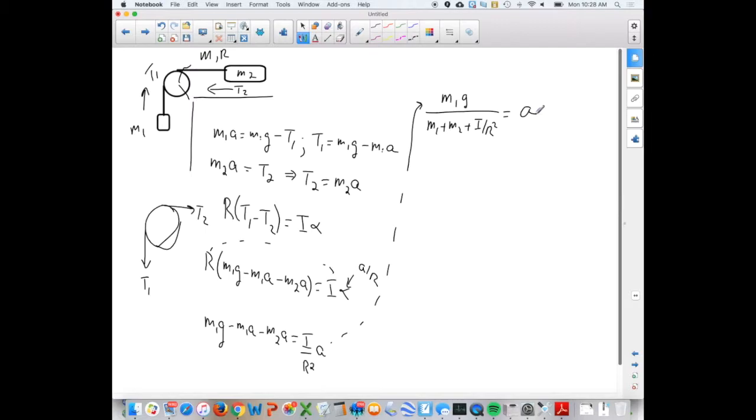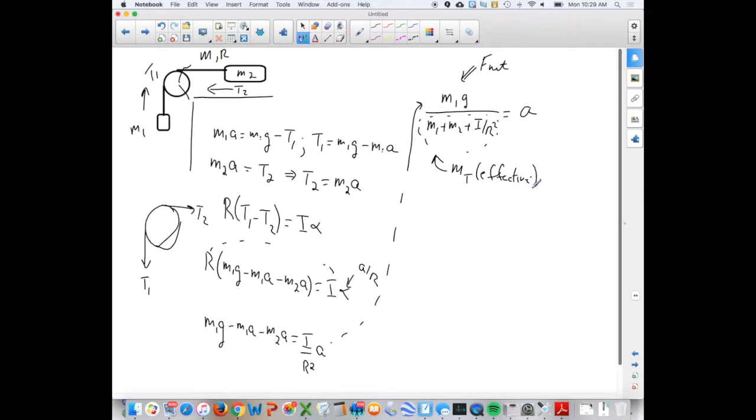So again, I have the net force on the top, and then I have effectively the total mass, and I'm going to put effective there because what we're doing is we're accounting for the inertia of the pulley.